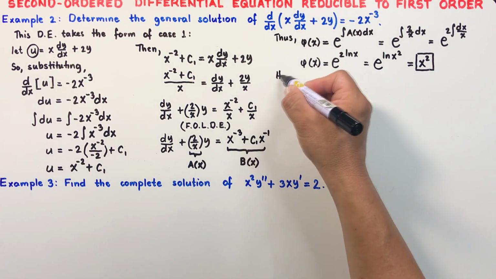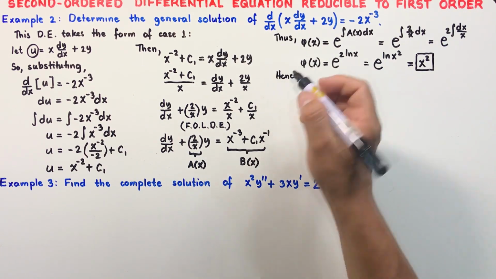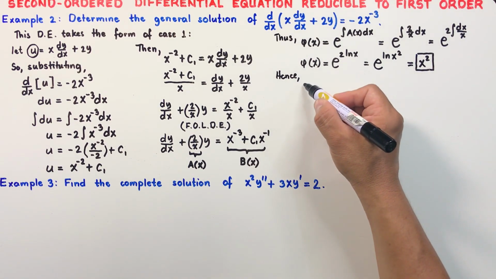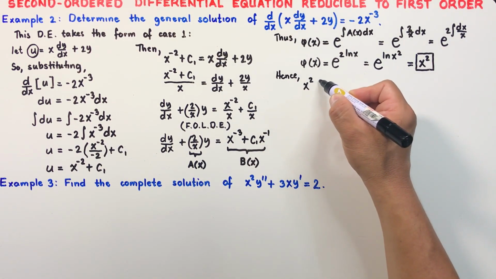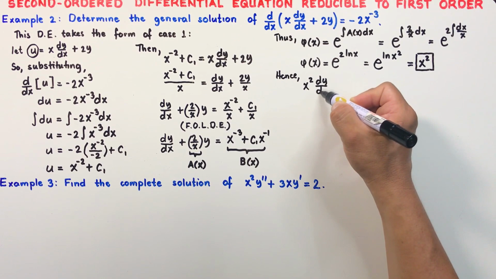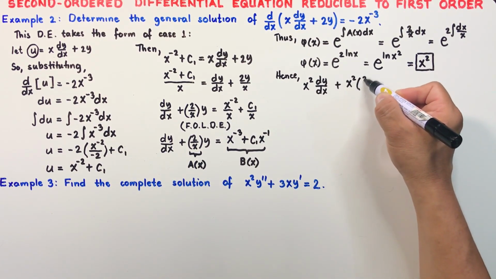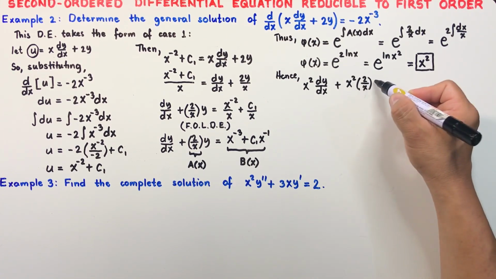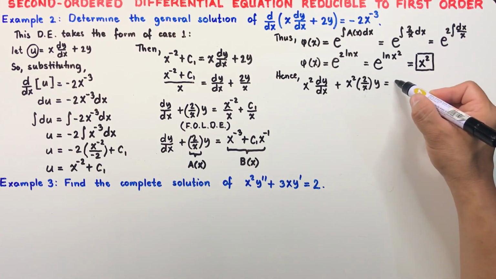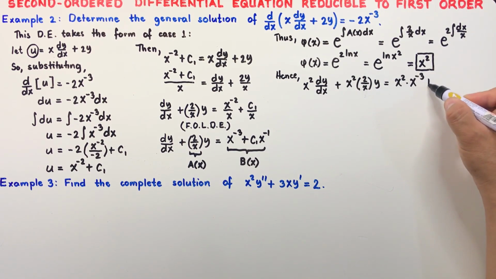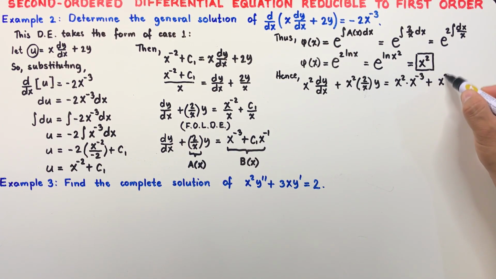Hence, when we multiply all the terms in the equation by x squared, we have x squared times the derivative of y with respect to x plus x squared times 2 over x times y, and this is equal to x squared times x to the power negative 3 plus x squared times c sub 1 times x to the power negative 1.